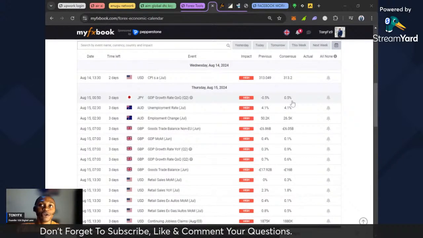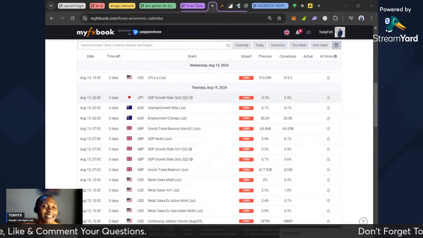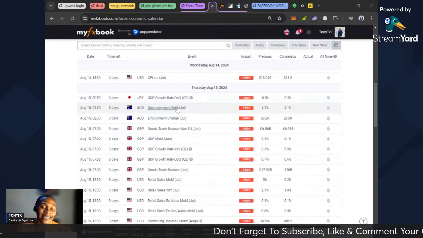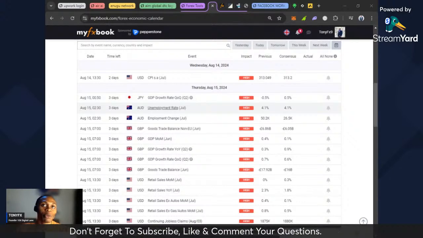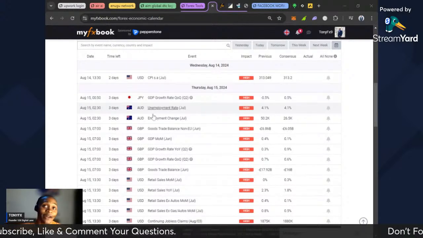But if GDP growth decreases, it's going to give Japanese yen weakness. We didn't analyze anything about Japanese yen, so I'm not going to really talk much about that. But we analyze AUD, we analyze GBP, we analyze Euro. So I'm talking more about those pairs we analyze and the news event and how it will affect it.